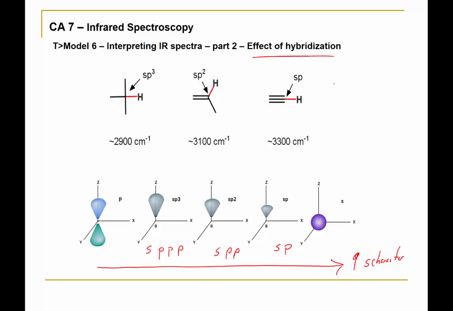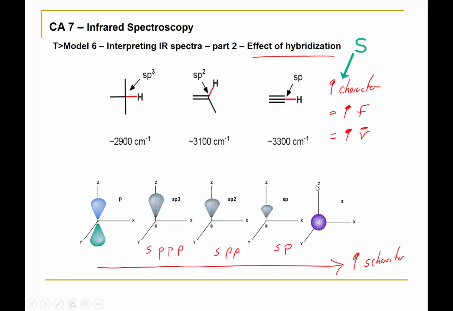So the idea here is that with an increase in s character, there would be an increase in our force constant, which of course means an increase in the bond strength, which, as we saw before, corresponds to an increase in the frequency or the wave number that's required for the absorption. So it would make sense that a carbon-hydrogen bond where carbon is sp hybridized would absorb at a higher frequency or a higher wave number.